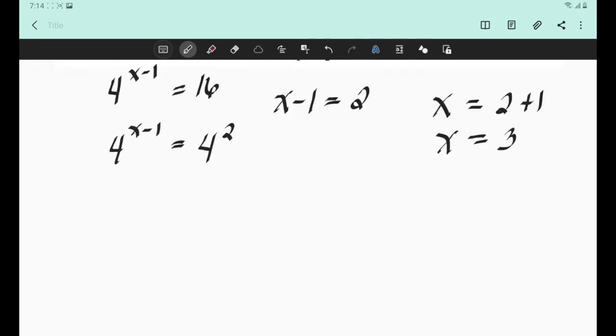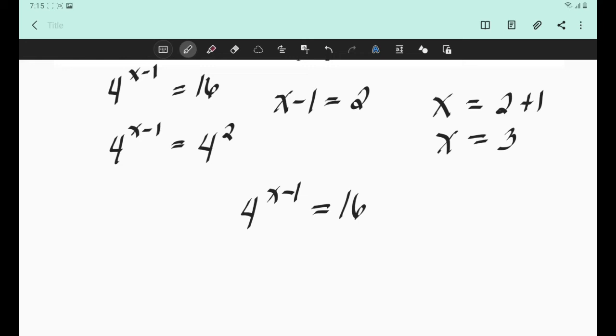And then, mga anak, if you want to check your answer, di ba ang nakuha natin ay ang value ni x ay positive 3, balik ka sa original equation. And that is 4 raised to x minus 1 is equal to 16. Tignan natin kung mag-i-equal ba talaga yung expression sa left side dun sa right side. Okay.